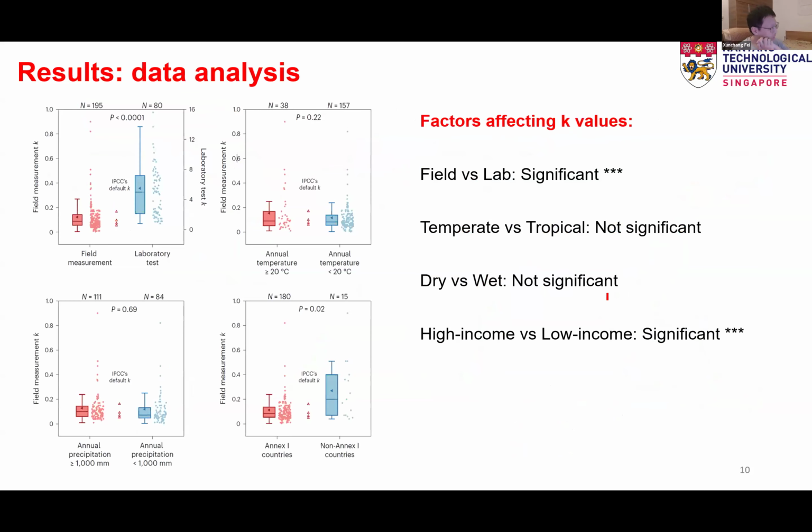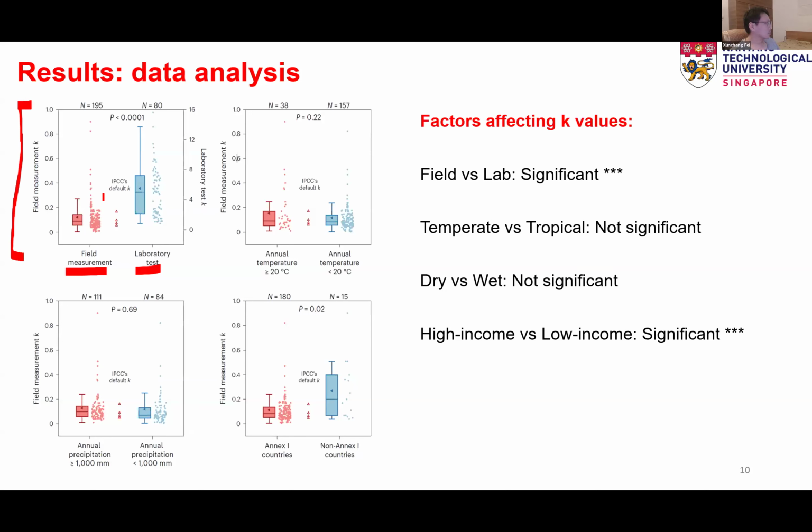Okay, so then we first did a statistical analysis, looking at all these K values, right? We first separate the K values into field measurements and also the lab testing. This is the top left figure here.